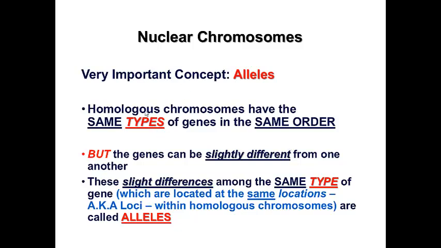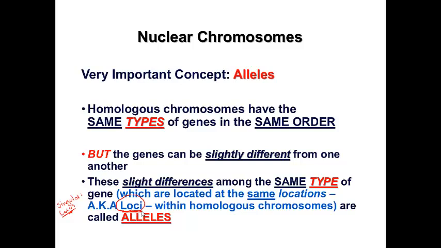We call these locations loci. The plural locus would be the singular. This just means the relative place within the chromosome that a specific gene exists. Okay, well, the genes of the same type in homologous chromosomes will be at the same location because, of course, they are in the same sequence.